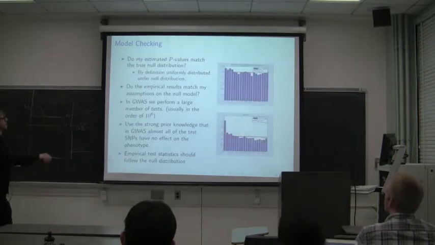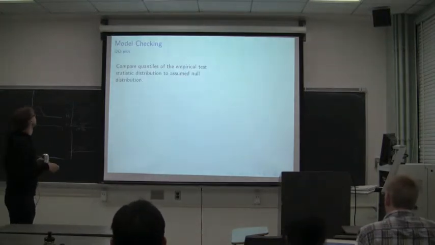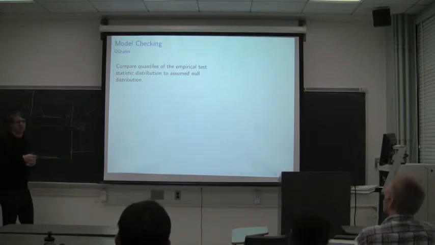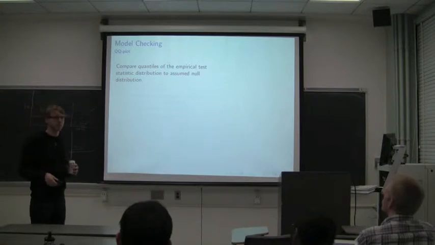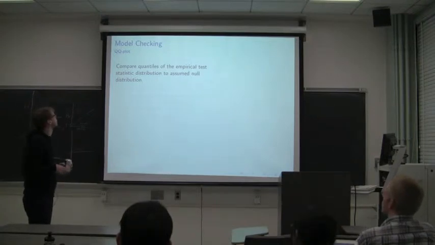We said we can plot a histogram, but what we're usually interested in is more the tail of the distribution, so it makes more sense to look at the p-values on a log scale. For that, we can use the so-called quantile-quantile plot.